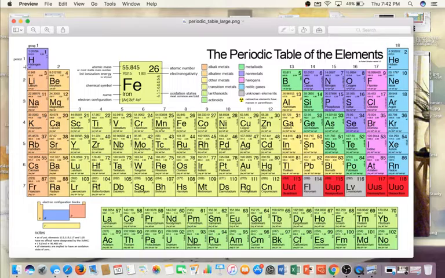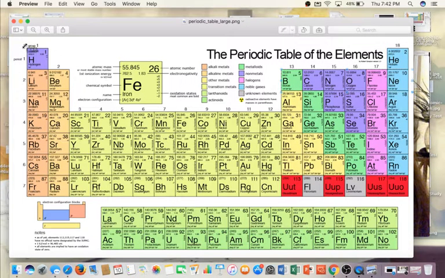So each S block has 1, 2. So this is S1, S2. Then your P blocks always start with 2P.